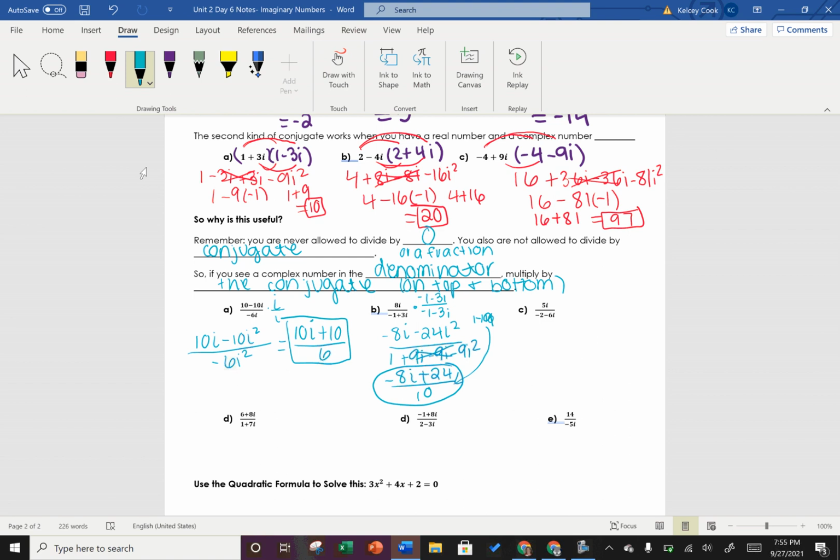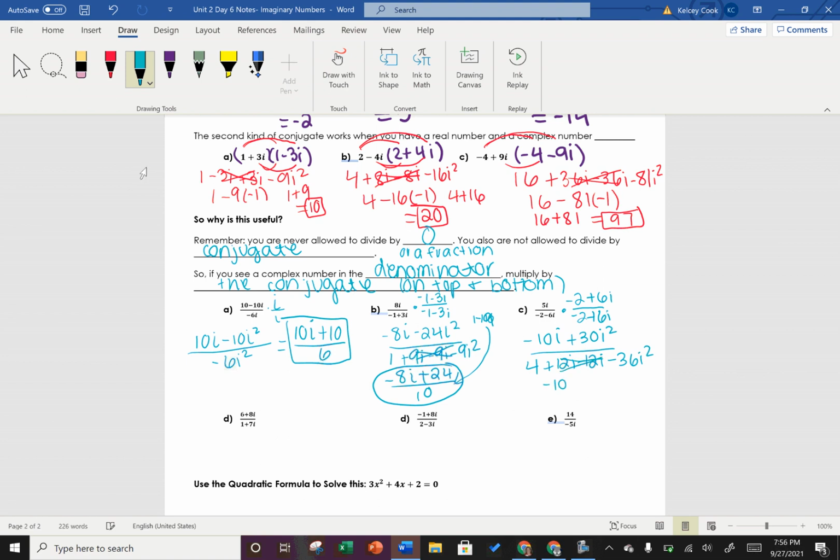Here, we'll multiply by negative 2 plus 6i. So 5i times negative 2, that's negative 10i plus 30i squared over 4 plus 12i minus 12i minus 36i squared. 12i's will cancel.